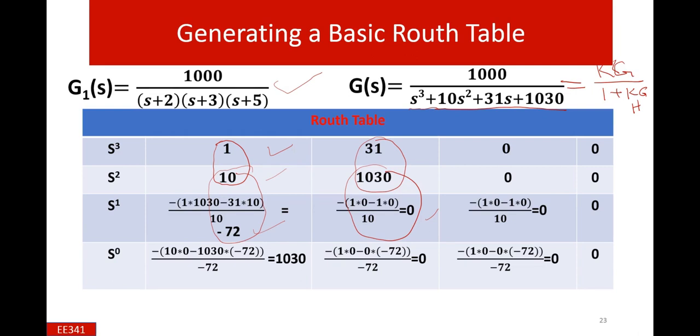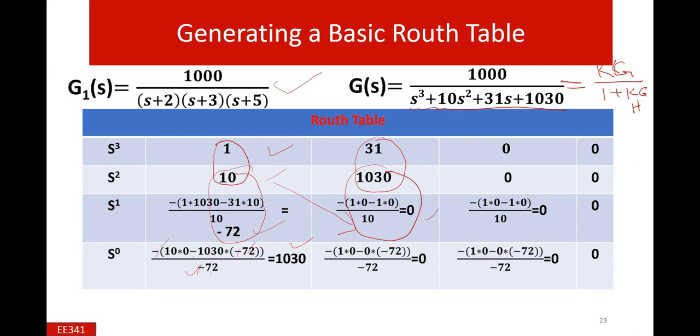After manipulation, 10 multiplied by 0, minus times minus is plus, 72 times 1030, and this minus sign is cancelled out by the scaling factor minus 72, so this value will be plus. This 72 cancels with 72, so the answer will be 1030.